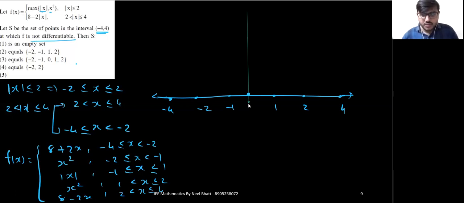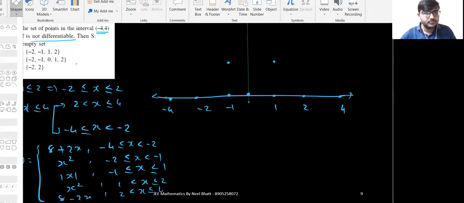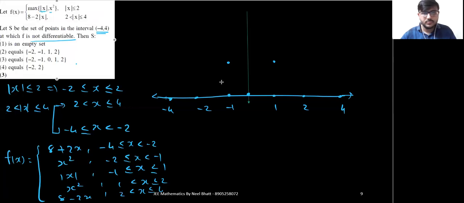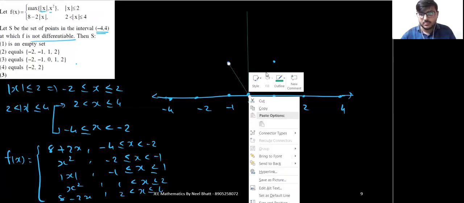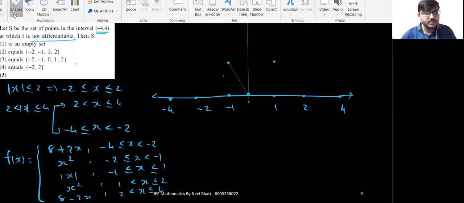Okay, in between -1 to 1, the graph is modulus of x. So at -1, the answer is 1, and at 1, also the answer is 1. So the graph will be something like this. Okay, this is how we can plot the graph.